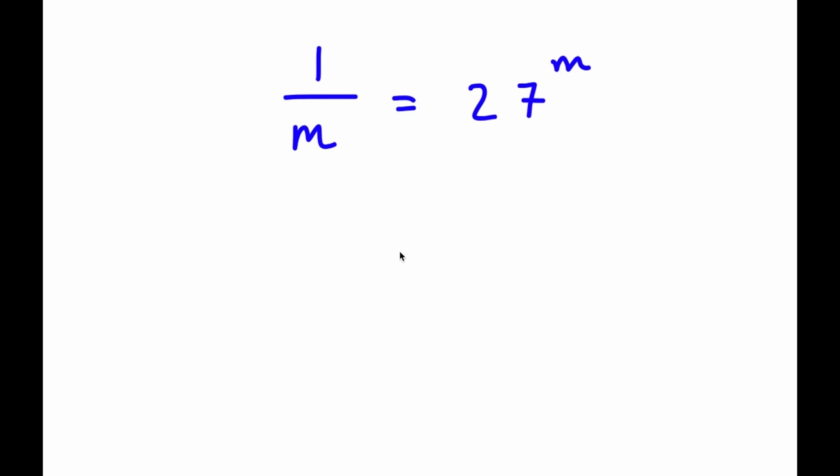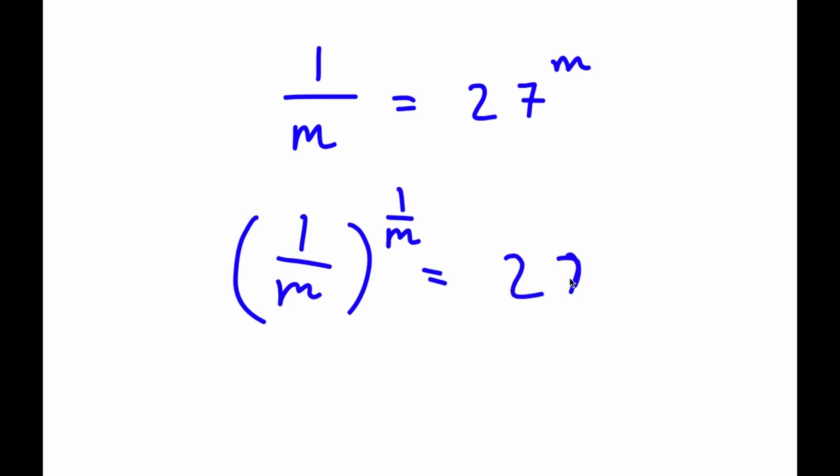Alright, so in this problem, I have 1 over m is equal to 27 to the power of m. So to solve this, I'm going to first start by taking the power of 1 over m on both sides. So now I have 1 over m to the power of 1 over m is equal to 27 to the power of m to the power of 1 over m.